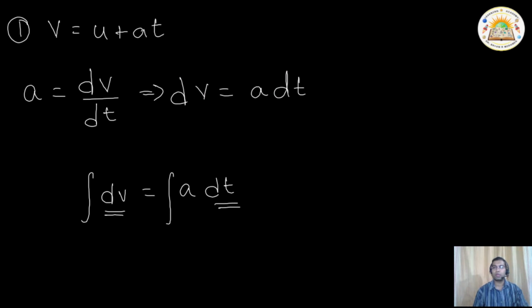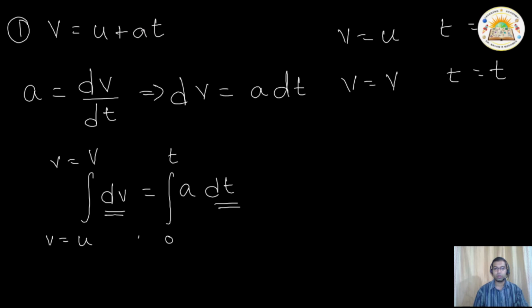For instance, at time 0, I can simply write v is equal to the initial velocity u. And when it is at a certain time t, the velocity is the final velocity v. So we will have to apply our limits. So dv varies from initial velocity to final velocity. At the same time, time varies from 0 to t. So this is how we usually write it. So t is equal to 0 to t is equal to t.